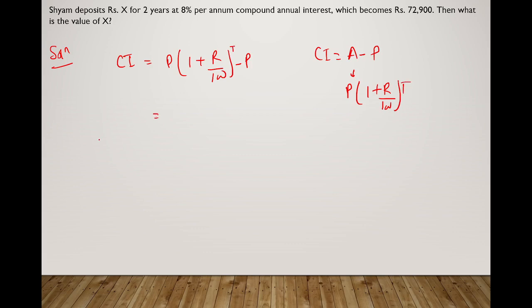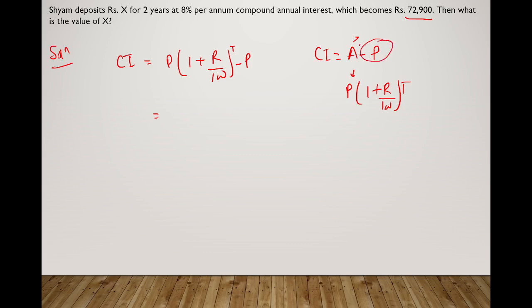So the amount is 72900, and we need to find out the principal.